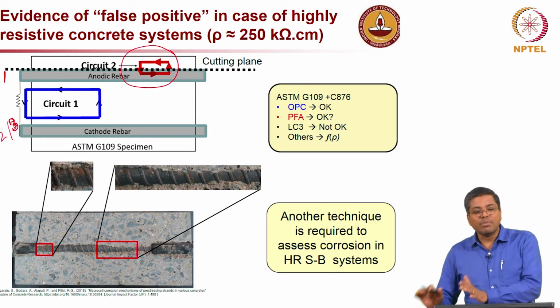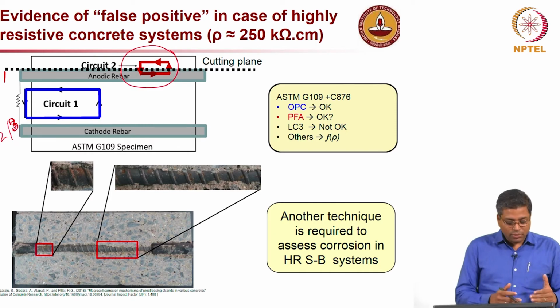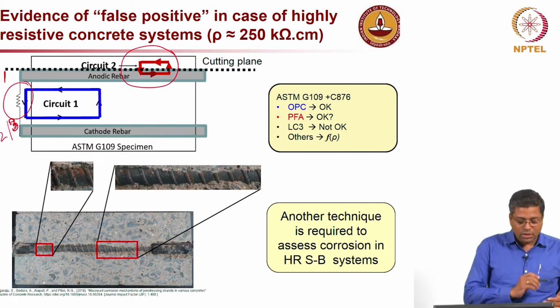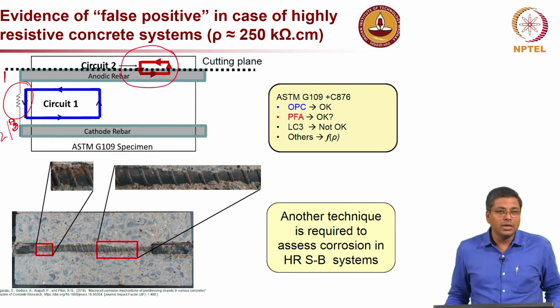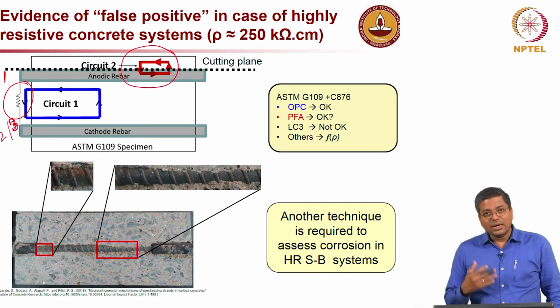So, corrosion is happening on the top rebar itself. When you take measurements across the resistor between the top and bottom, you cannot really make any judgment on that. It again gives you a false reading.